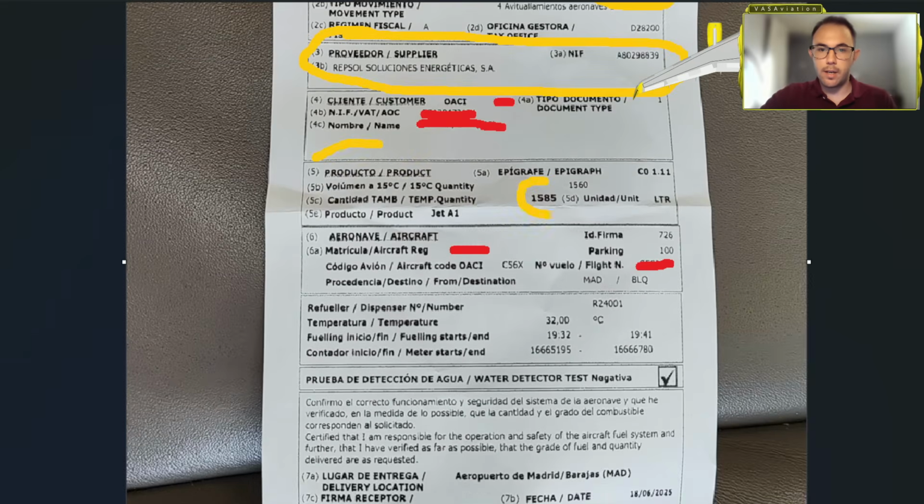We can see 1,585 liters. That's the amount of fuel that we have loaded into the aircraft. The product, Jet A1, that's the usual normal fuel used for jet airplanes.